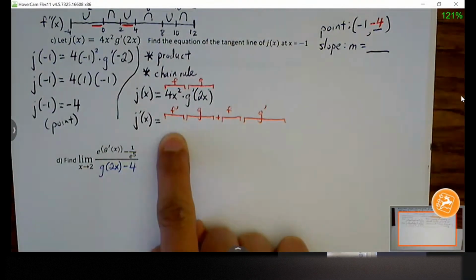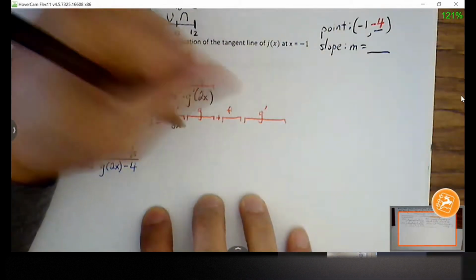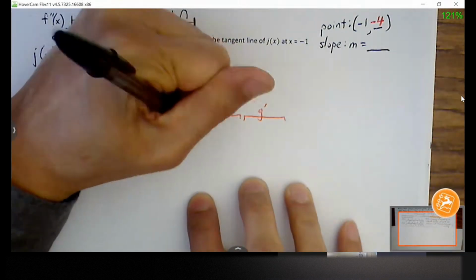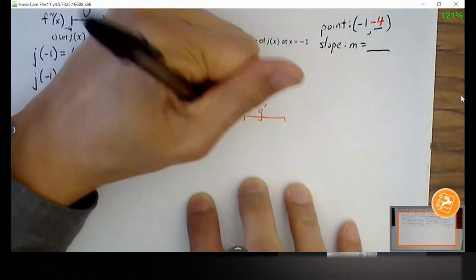F prime is 8x. Okay. G, no challenge there. Just going to bring that down. F, no changes there.